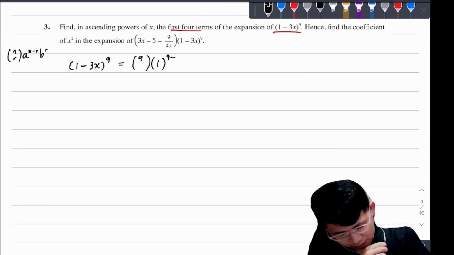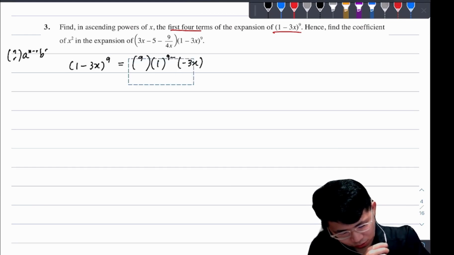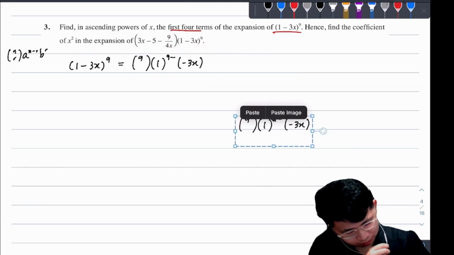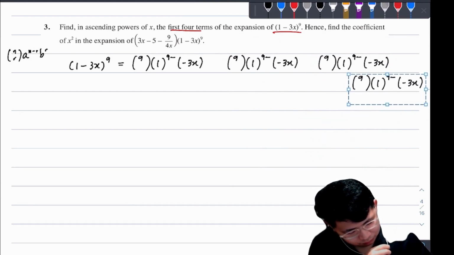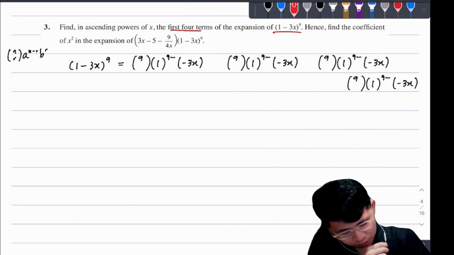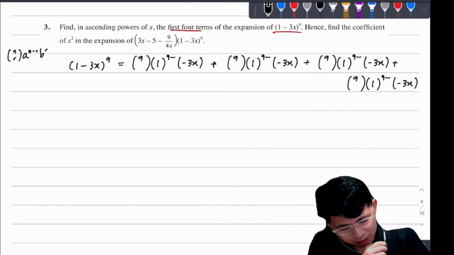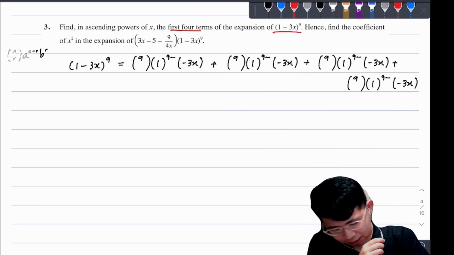Second term would be negative 3x. I'm just going to copy and paste 4 times. It's actually very straightforward. It's just repeating the whole process again and again.